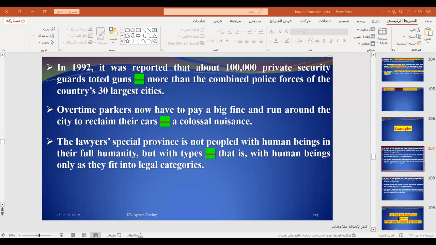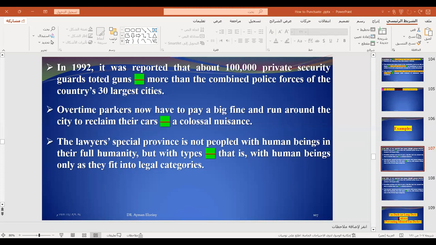Here, I had to put the following sentence between dashes.